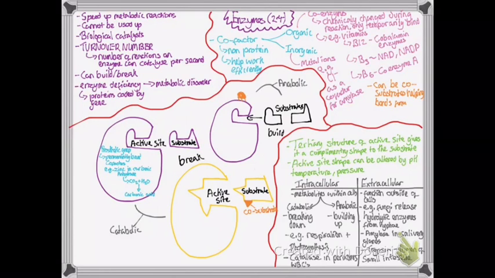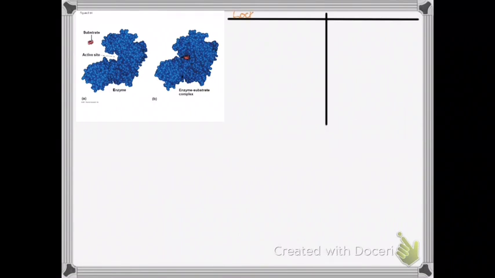So that was just a basic introduction to enzymes and how they function. Now let's look at the main hypotheses, the lock and key hypothesis and the induced fit hypothesis. In the lock and key hypothesis, they state that the enzyme's active site is complementary to that of the substrate molecule.